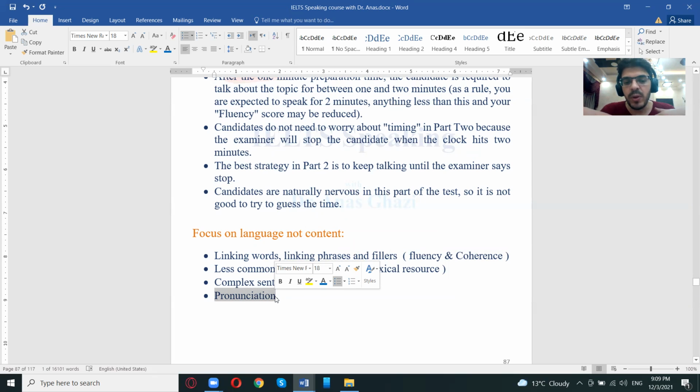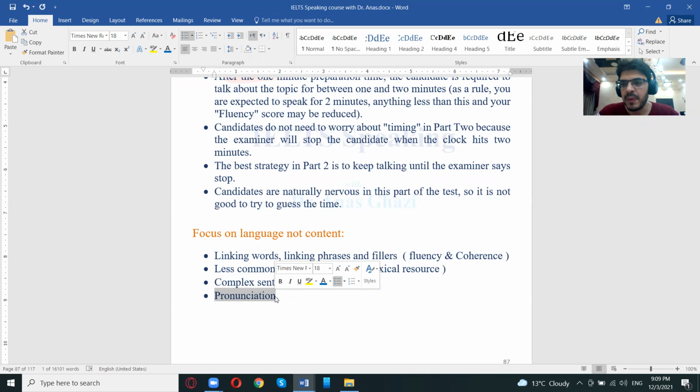By pronunciation, we mean you pronounce words in a way that the examiner can easily understand you. You do not mix words together, or make strange sounds that make it difficult for the listener to understand what you are saying.